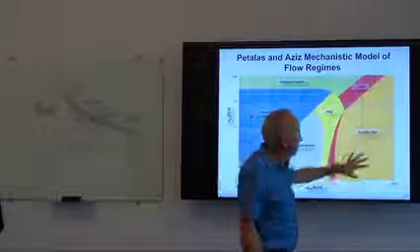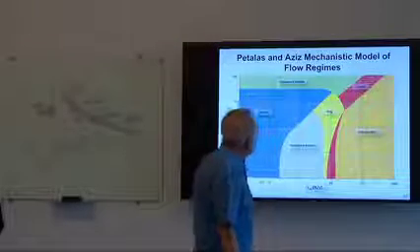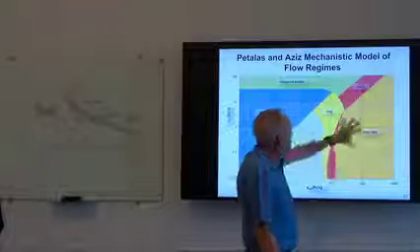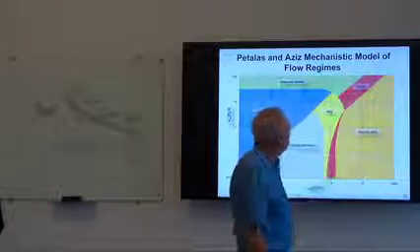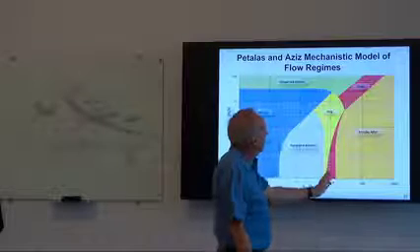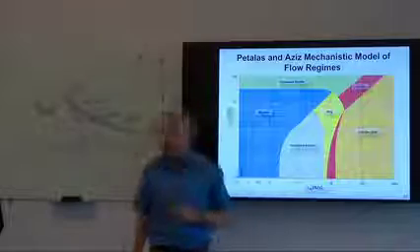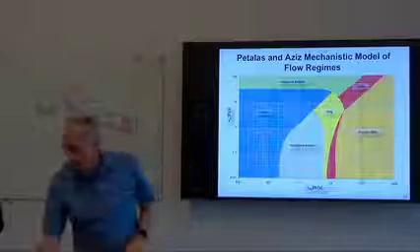So here we have the annular mist region over here, where the velocity of the gas is high enough. That's really what this is representing. And as that gas velocity drops off, we get various other flow regimes that can occur.